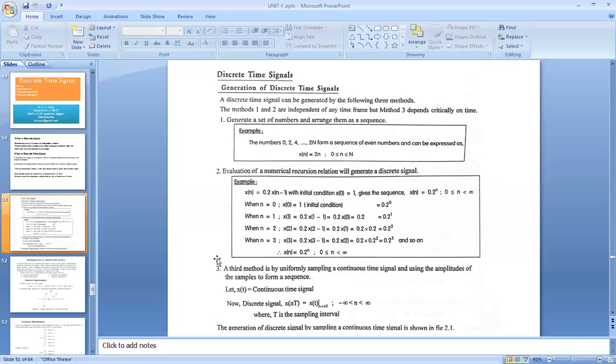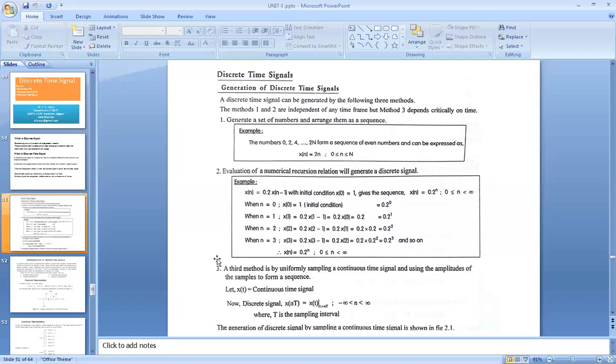Here n is represented from 0 to infinity. If you have to find the sequence elements, we put the value of n from 0 up to infinity, but here we will consider finite values.